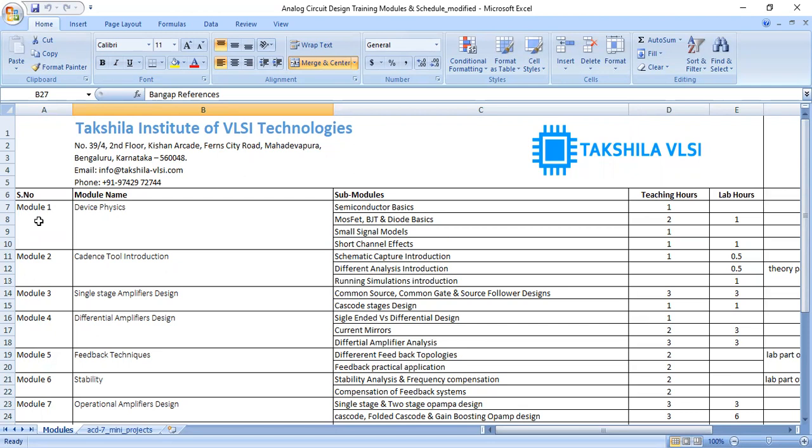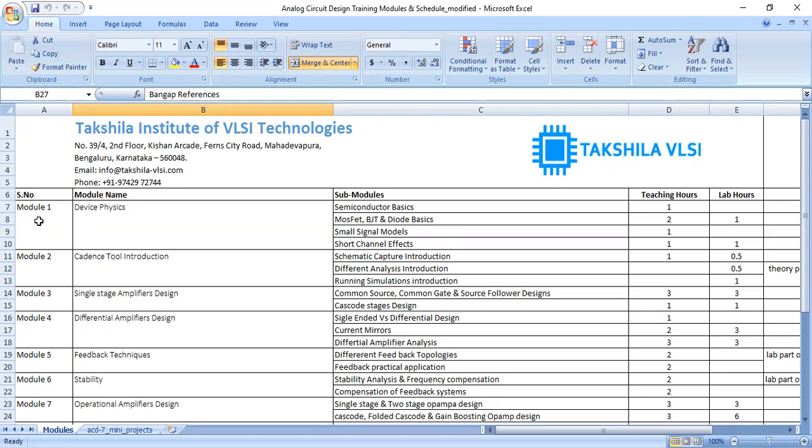The second category of people are actual industry professionals. They have just started their career in analog circuit design, but they don't know how exactly to start, because it's a totally new field. They don't know from where to start and what minimum basics are needed to start their career. To address such people, this course has also been designed.